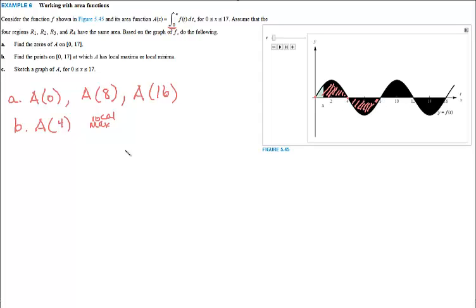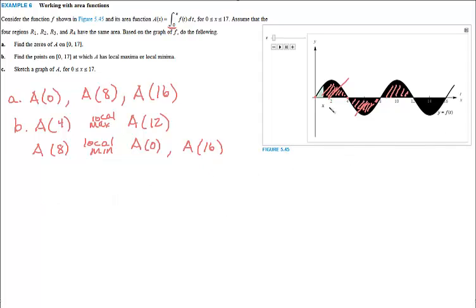There at 8 it becomes 0, so I'm going to say that's a local min. I guess I could say A of 0 is a local min too, because that was 0 there. At 12, I got another local max because while these guys canceled out, I have area that added up once again. And then A at 16 I guess would be another local min because it's gone back down to 0.